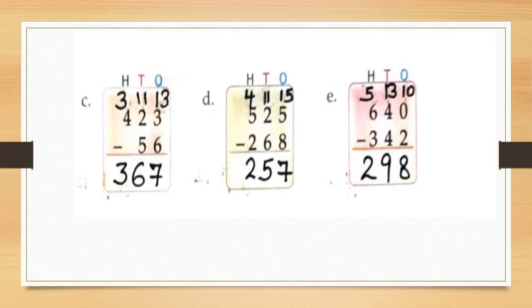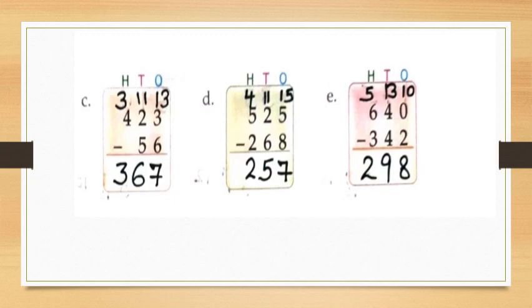So write 5 under tens. Now at hundreds place, 4 minus 2 is 2. So write 2 under hundreds. Now children, your answer will be 257.